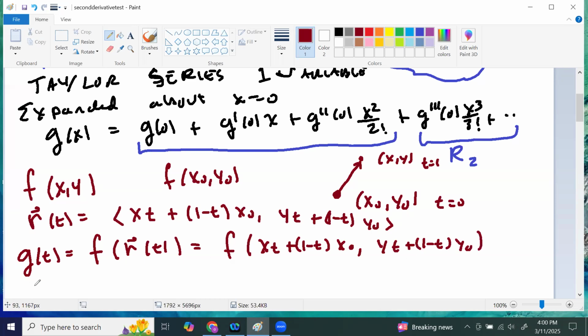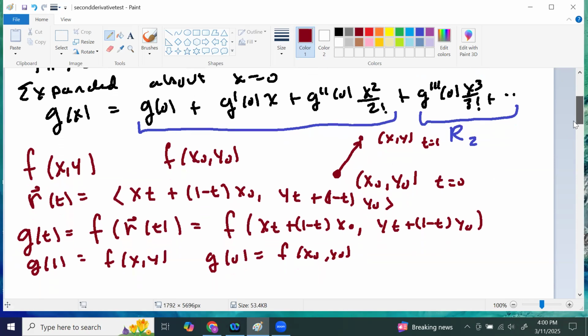Okay? And notice that g of 1, if you plug in the 1 here, you basically get f of x, y, and that g of 0 is going to be f of x naught, y naught. So we're evaluating a function along this line.